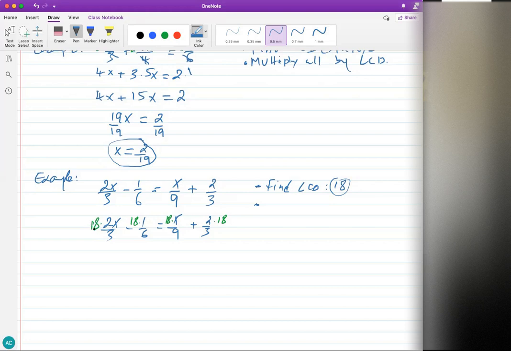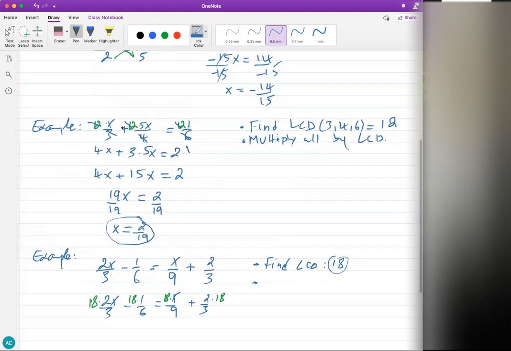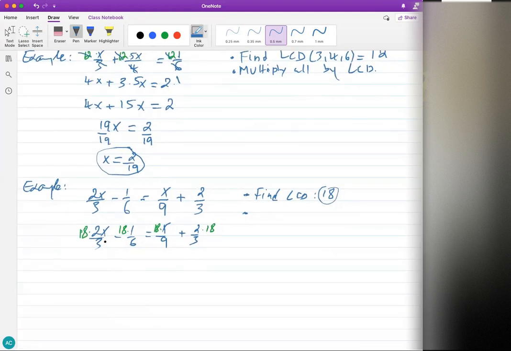Times 2. Just give us the first step. So we're actually not multiplying yet, but just like we did here. So before multiplying, this is what happened. We're going to try to do the same thing here in order to cancel the fraction. So what is the first thing you do here in this fraction?